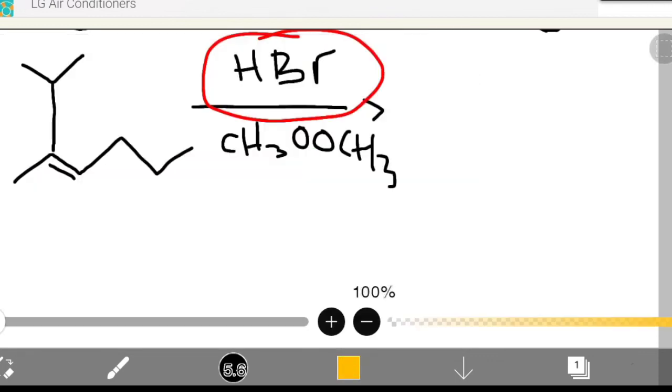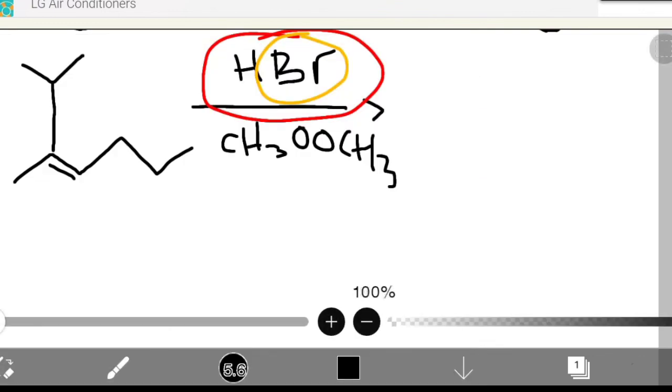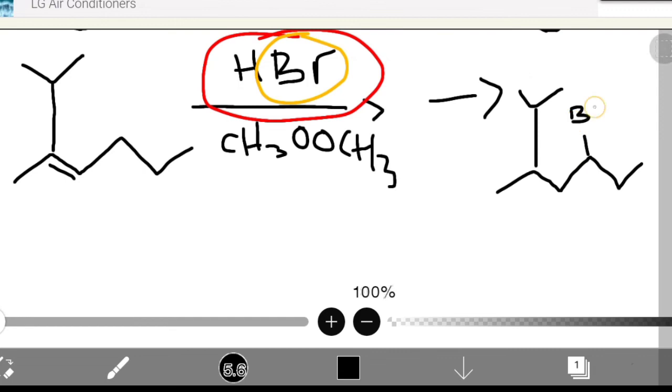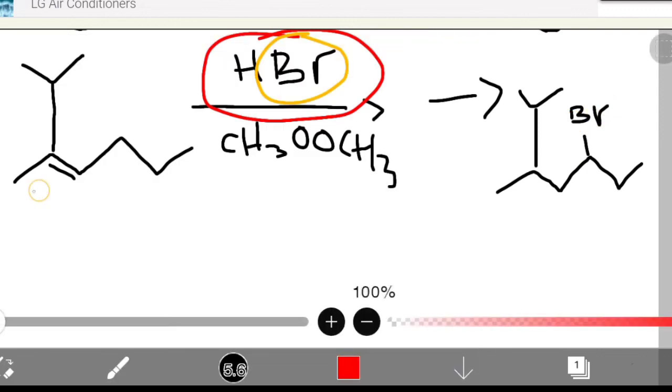We know that the Br will go into the more unsubstituted double bond. It means Br will enter in the secondary, because here is tertiary and here is secondary.